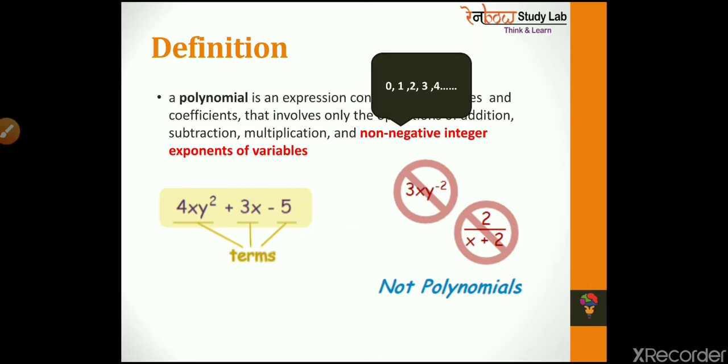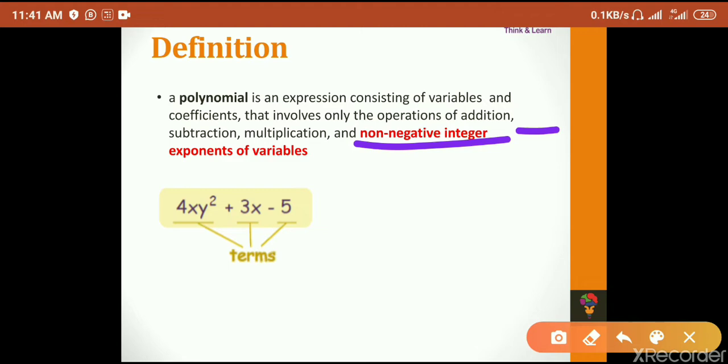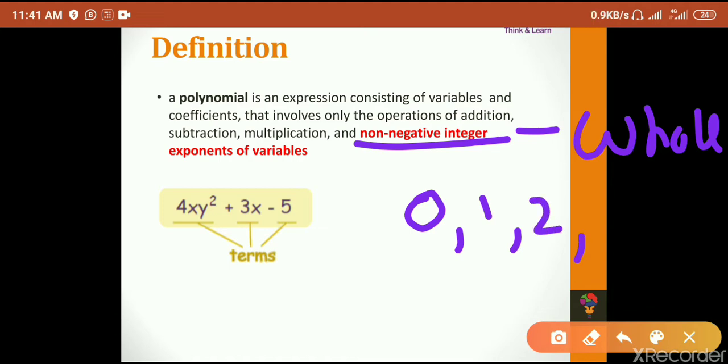So non-negative integers are 0, 1, 2, 3, 4 and 5 and so on, starting from 0 till infinity. Non-negative integers can also be called whole numbers, because you know whole numbers are 0, 1, 2, 3 and so on.